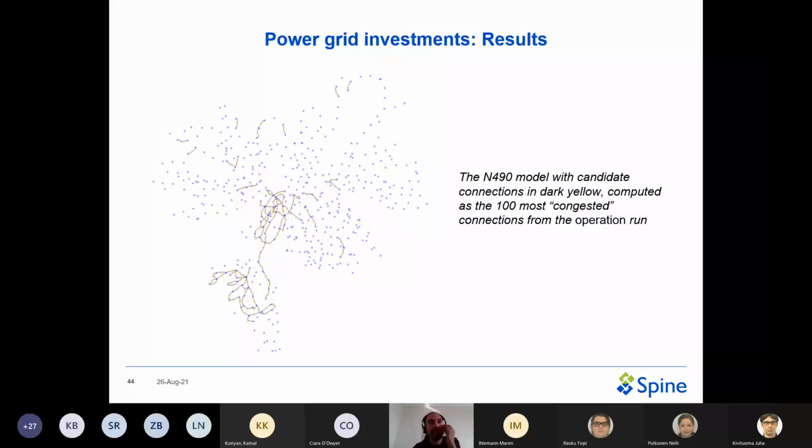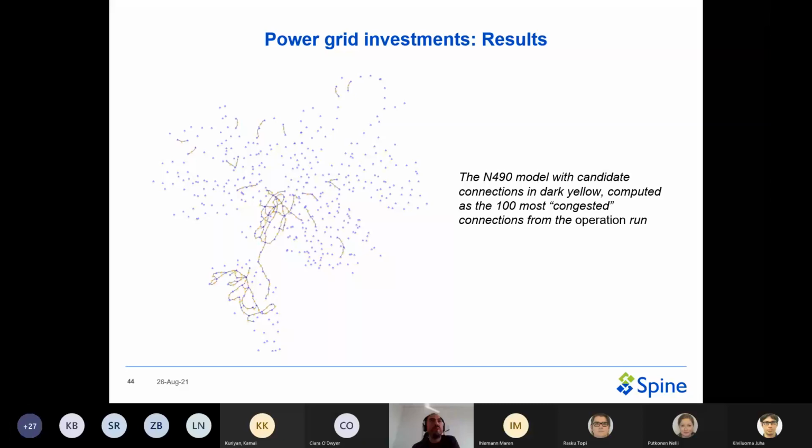You can see these are the 100 most congested lines as we computed using our technique I just explained. You should know that these candidates are selected as existing lines. So we only have candidates where we also have an existing line, because of the way we compute the candidates by comparing flows to capacity.